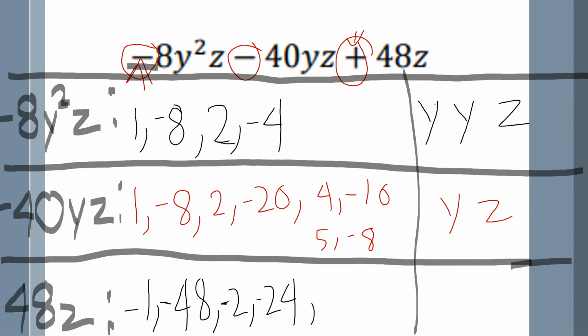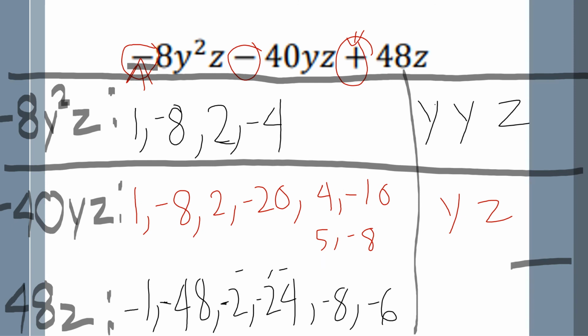So -8 times -6. And -4 times, well, no, it's not that. That is -3 times -16.